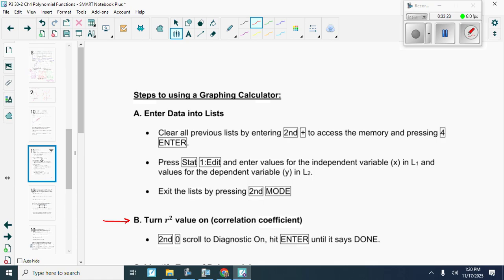This only needs to be done once, and then it's done. So follow the instructions.